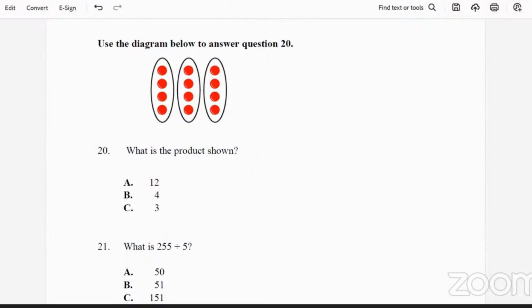It can be more than 2 groups, but for your level, of course, it would have been 2 numbers. So we are multiplying 3 groups of 4, right? So it would be 3 times 4. So it's 3 groups of 4. 3 times 4 equals 12. The answer is A.